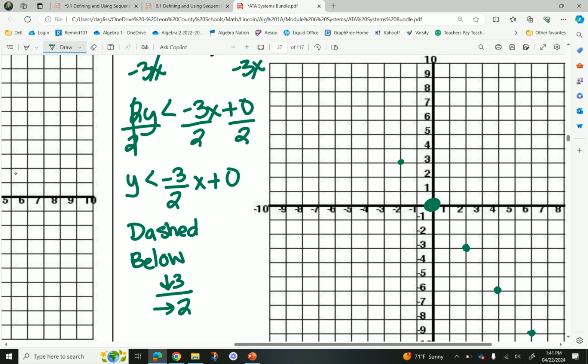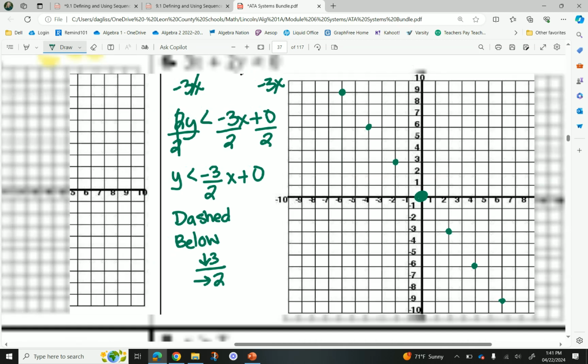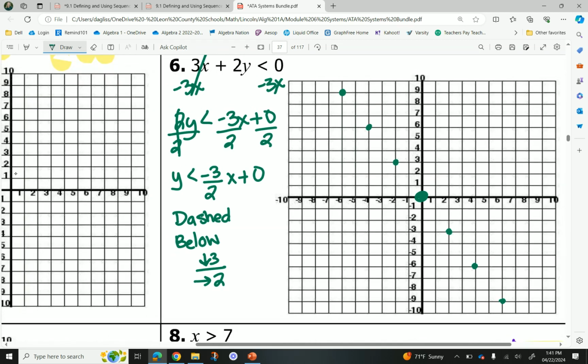So up 3, back 2. We already decided this is going to be dashed, so I'm going to dash across. And are we shading above or below? We said below, right? So find my y-intercept, go down, so we know where that half of my line is. So all of this.